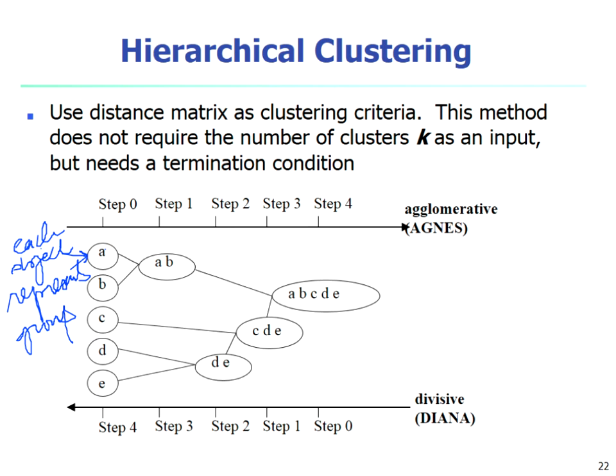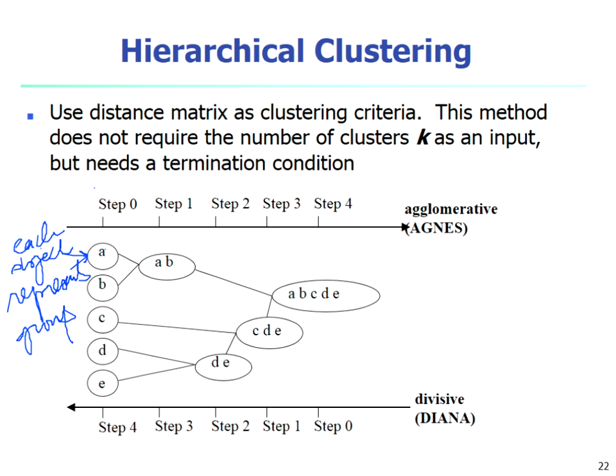Okay, in our example, we merge A and B. So the nearest objects will be merged together to form one group. In step number 2, we will merge two other objects.